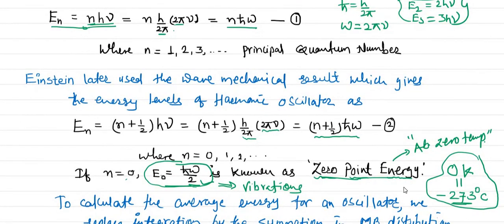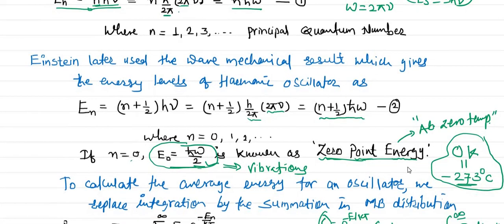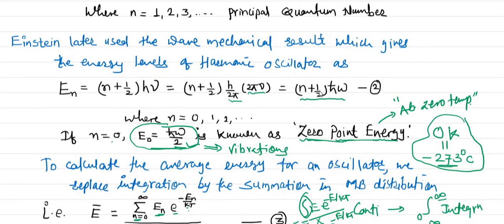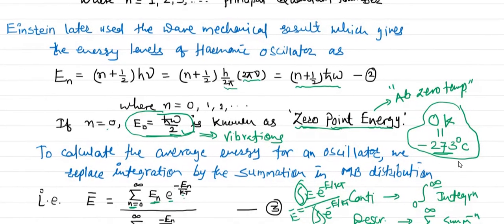Then, by wave mechanics, we got the equation E_n equal to (n plus half) h cross omega. Even if n is 0, we have some energy, that is, the solid has some energy E0 equal to h cross omega by 2. That energy is known as the zero point energy.